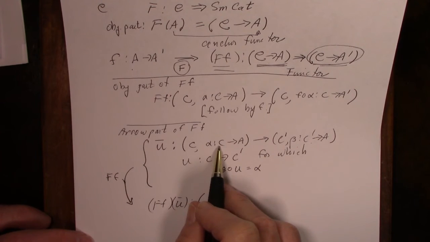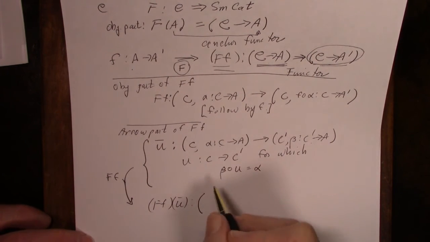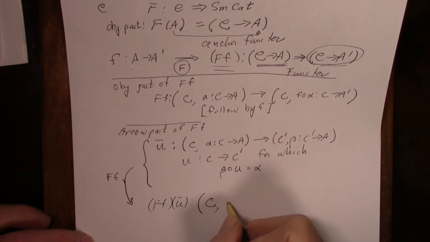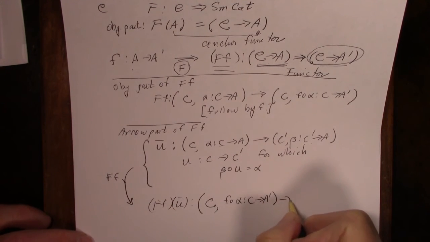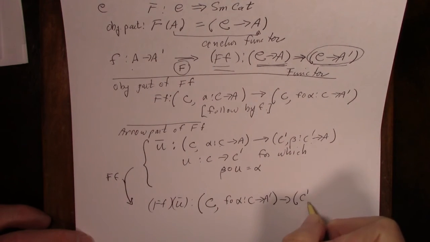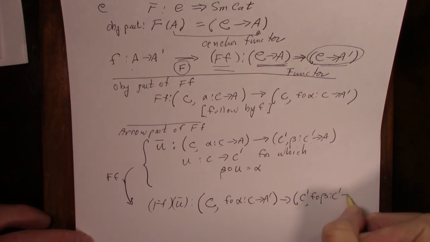And the image of this object under F is just followed by little f. So we're looking at C, f circle alpha from C to A prime, to C prime, f circle beta from C prime to A prime.